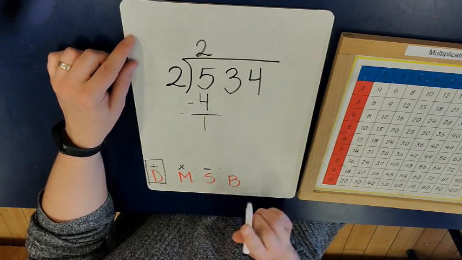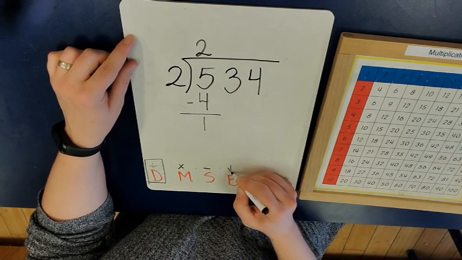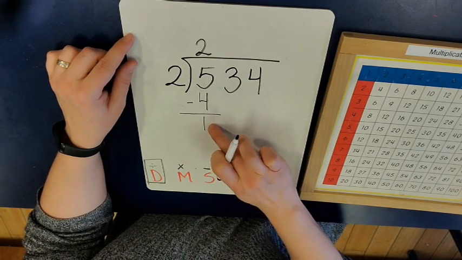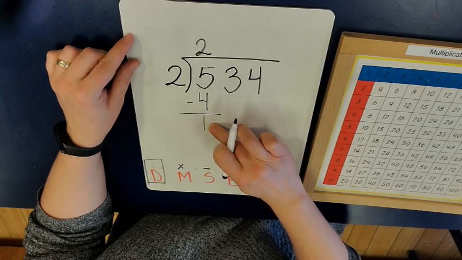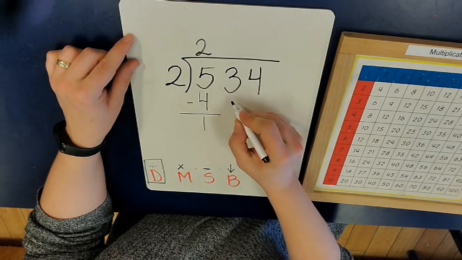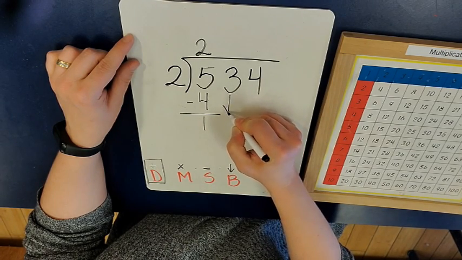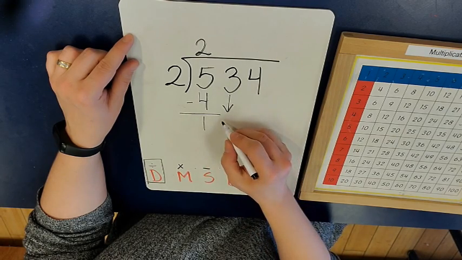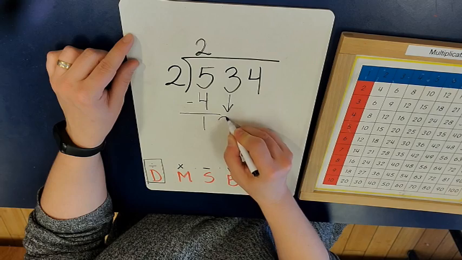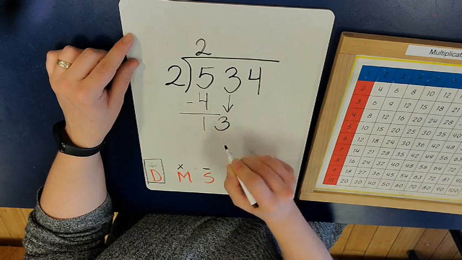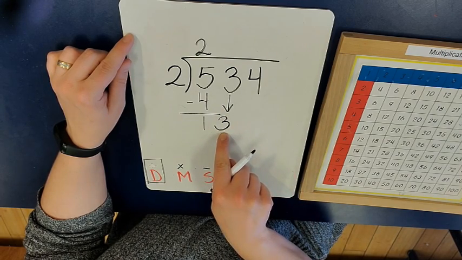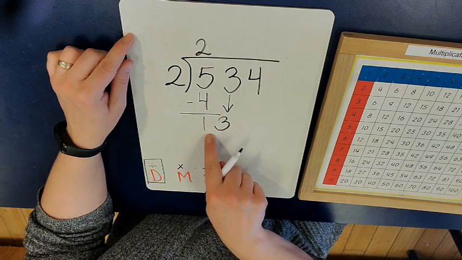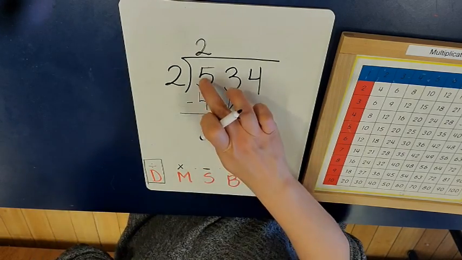The next step, bring down. This shows me that I'm going to have one exchange, and I'm just going to bring down the next digit right next to my exchange. Now instead of having 3 tens to give out, I've got 13, because I had one exchange after I gave out my hundreds.